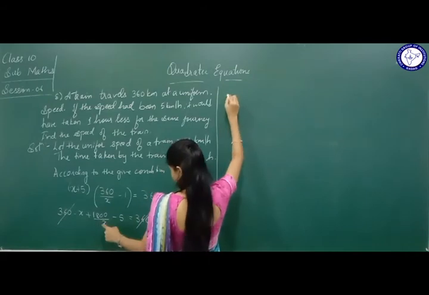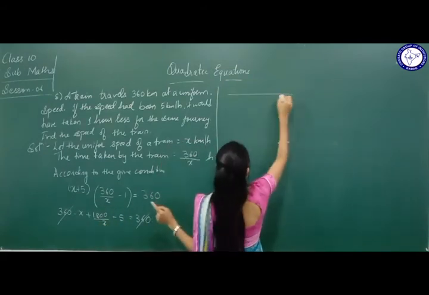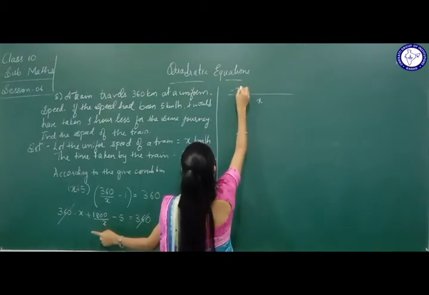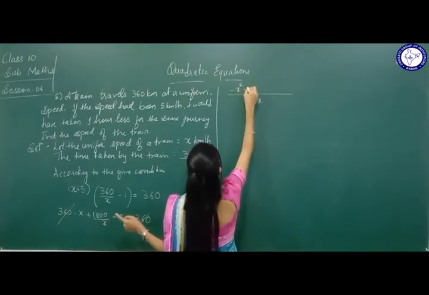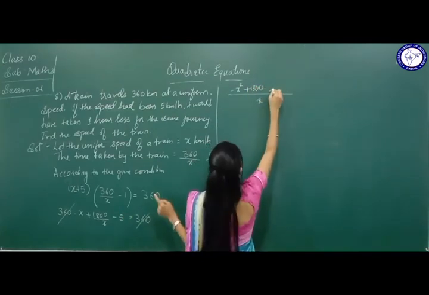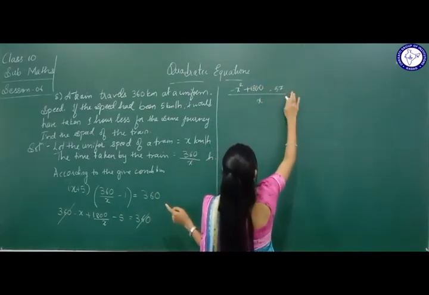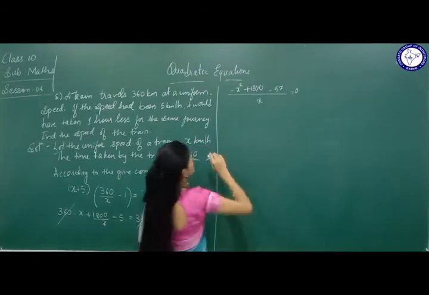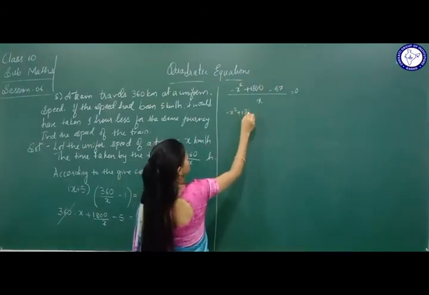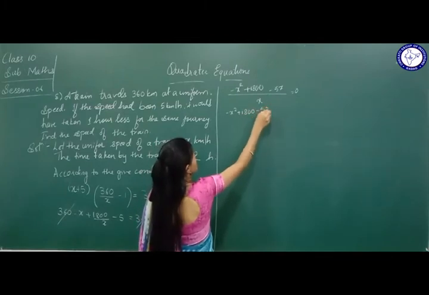Take the LCM. That is, if I am going to take x as LCM, I am left with minus x square plus 1800 minus 5x. This will be equal to 0. Nothing but minus x square plus 1800 minus 5x.